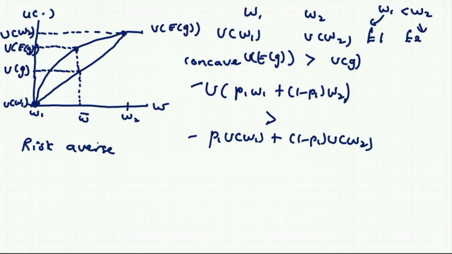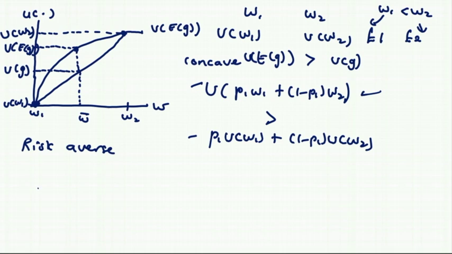Here we can see clearly that the utility of the expected value of the gamble, or of the wealth in this case, is greater than the expected utility of the lottery itself. So the expected utility of the lottery is smaller than the utility of the expected value of the wealth.